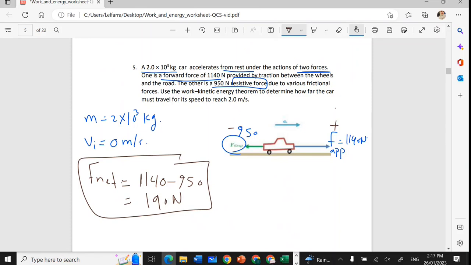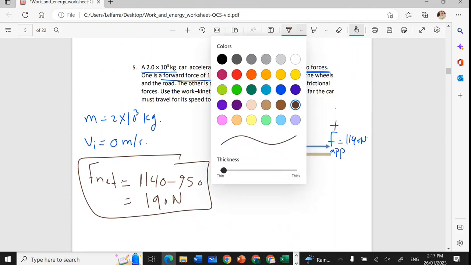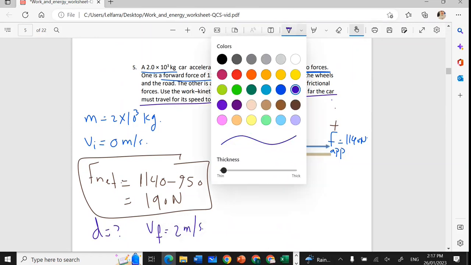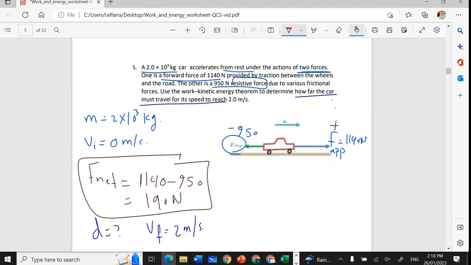Now, ignoring friction, use the work energy theorem to determine how far the car must travel. So I need the displacement, or delta x, to reach the final velocity of 2 meters per second. Now I have a change in the velocity and I have applied force, so we're going to use the work energy theorem.